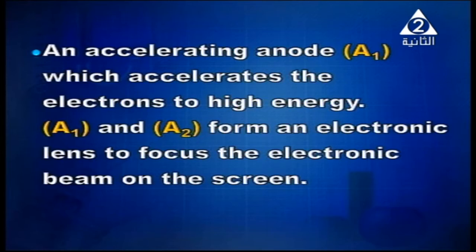We've got an accelerating anode denoted by A1, which accelerates the ejected electrons to high energy. A1 and A2 form an electronic lens to focus the electronic beam on the screen.